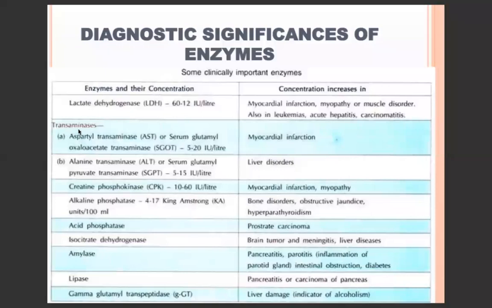Simply like that, the transaminase enzymes AST and ALT increase. AST, aspartate transaminase or serum glutamic oxaloacetic transaminase, increases in myocardial infarction. Alanine transaminase, SGPT, increases in liver disorders.